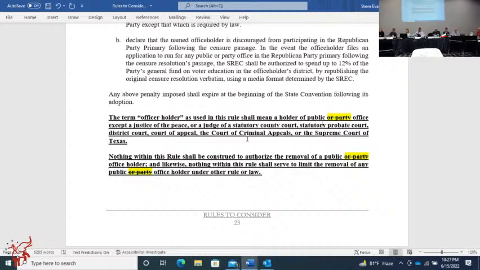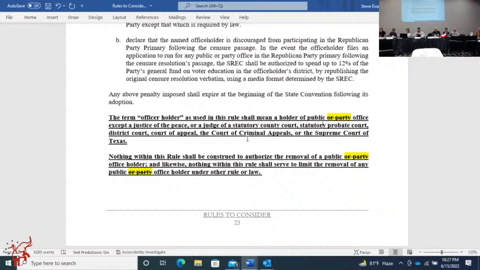So why would we have two rules that could cause issues for county chairs? We've got 8K, we have methods for removal there. This right here would remove that, the county chairs and precinct chairs from 44. You speaking against? Yes. Okay.